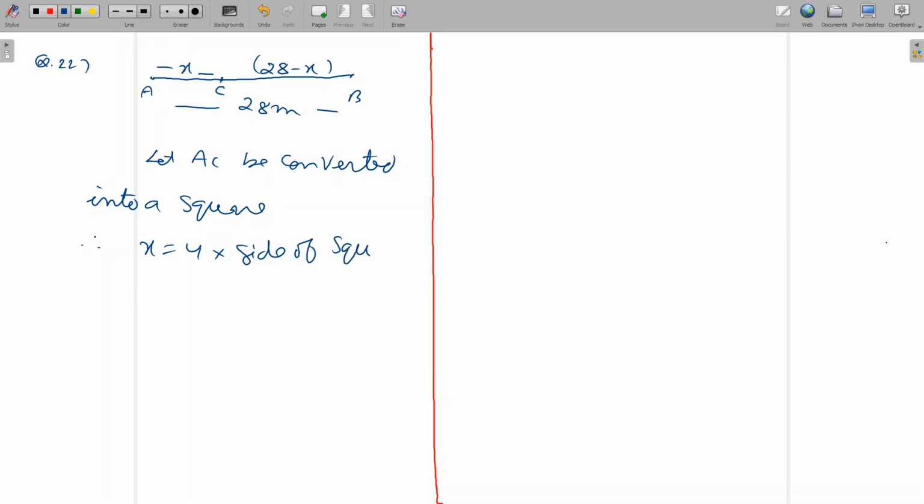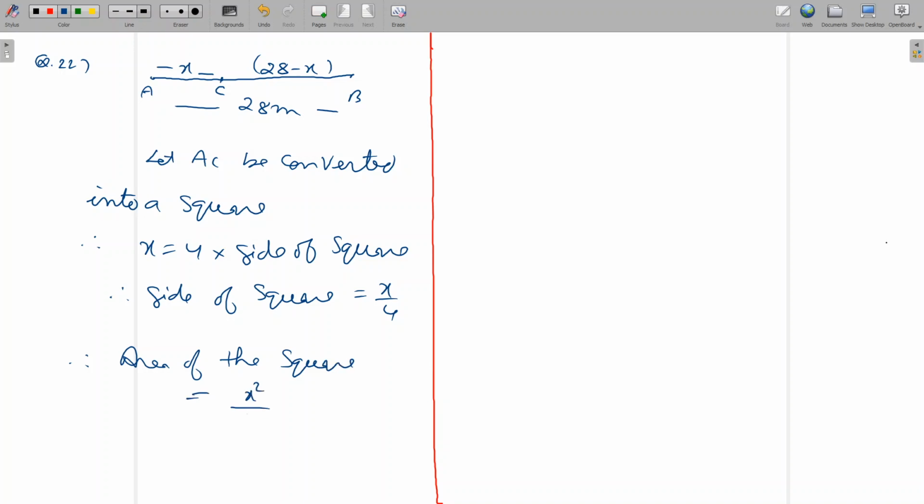So from this we will get the side of the square equal to x by 4, and therefore the area of the square will be equal to side squared, that is x square by 16. Let this be the first one.